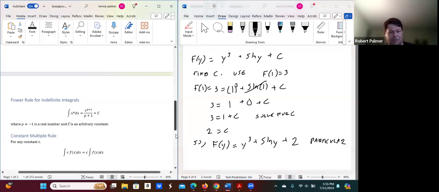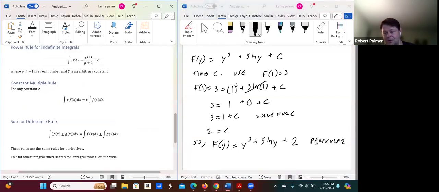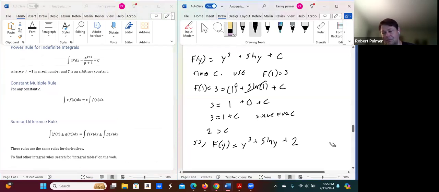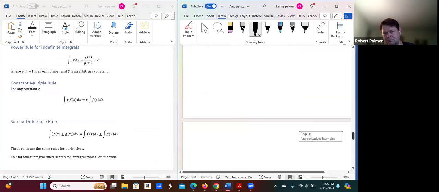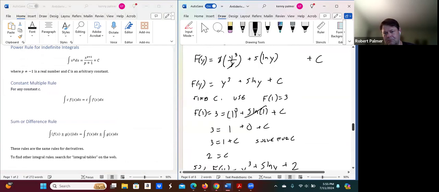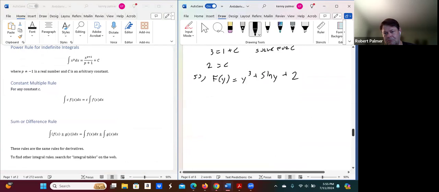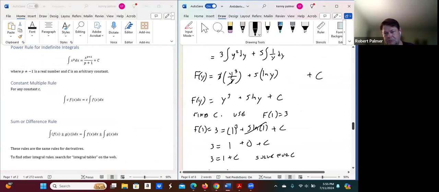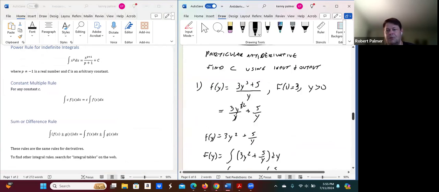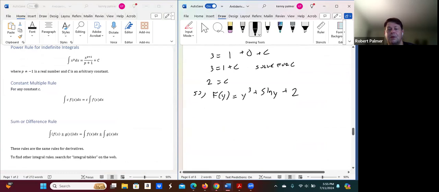That's what I called it anyway. What just happened? Or what I wrote just disappeared. Oh, I'm going to write it again, I guess. This is a particular antiderivative.